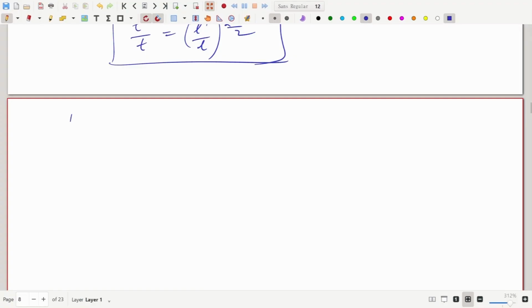So, let us consider a few examples. Let us consider the simple harmonic oscillator, a system which you have studied and we know very well. The simple harmonic oscillator potential is half m omega square x square. The potential is a quadratic function.